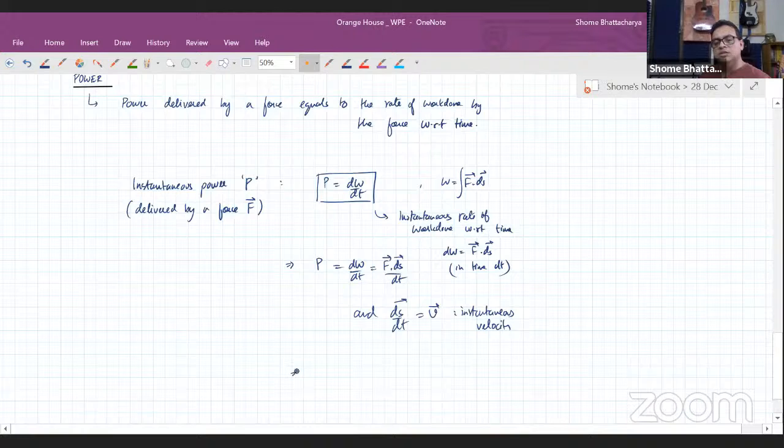So instantaneous power delivered by the force also gets defined as F dot ds by dt, so that becomes F dot v.